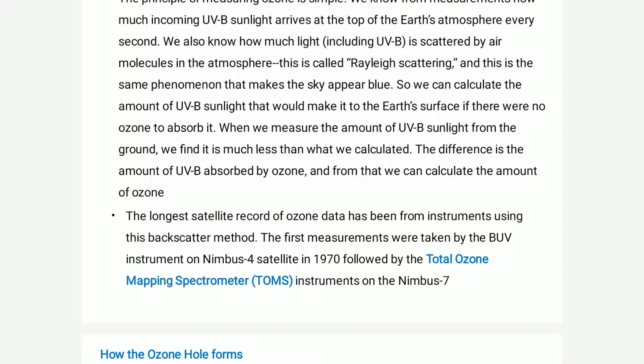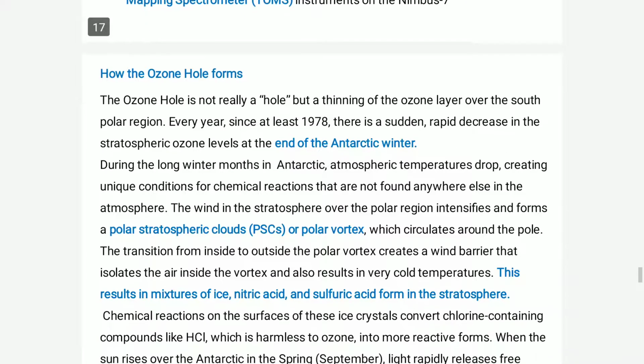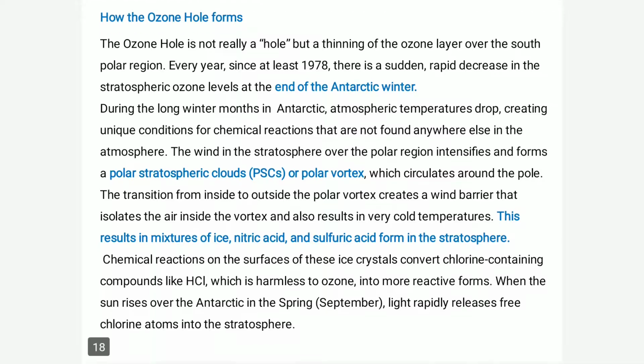Many other ways are also there, but we are talking about these two ways, which are used to calculate how much the hole has enlarged or depleted, or whether it has rectified itself back to normal. All these we are calculating, but the unit is the Dobson unit. So how is this ozone hole formed and where can we actually find it on the Earth?